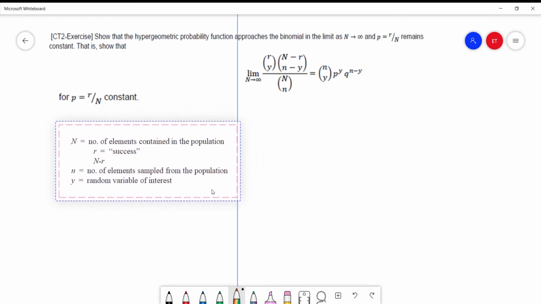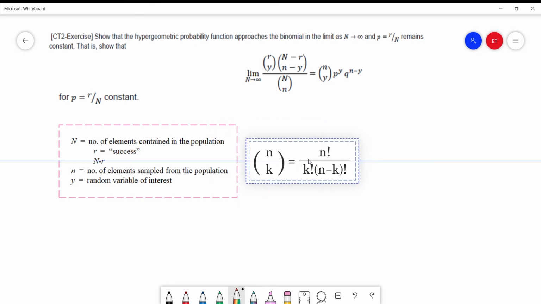Before we proceed to the proof, it is assumed that you know the combination formula and have knowledge about the binomial probability distribution. With that in mind, we know that this R over big N here is the success probability of the hypergeometric probability function, and this P here is the success probability of the binomial.